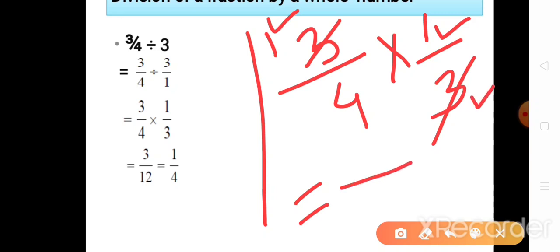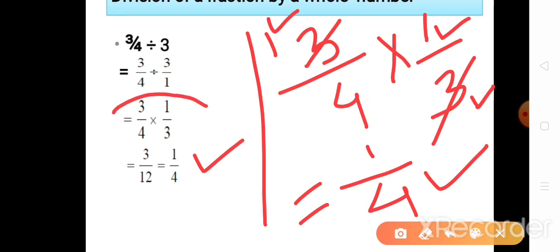So 1 into 1 gives us 1 and in the denominator we have 4. Ultimately, in this form also you are going to get the same result as this one, right? So either you can follow this particular rule or you can simply divide them diagonally. But remember, you cannot divide a numerator by another numerator out of the two fractions.